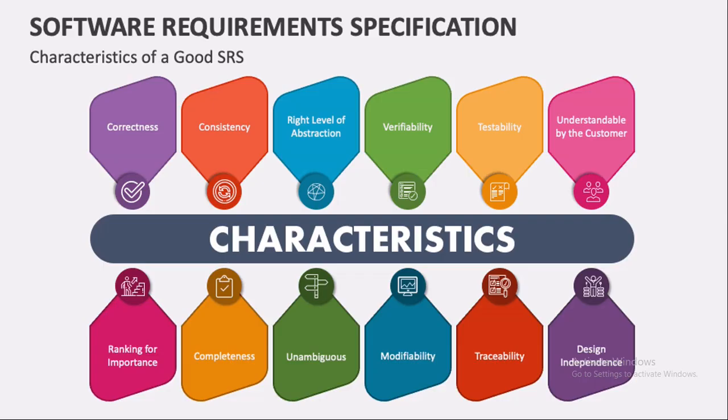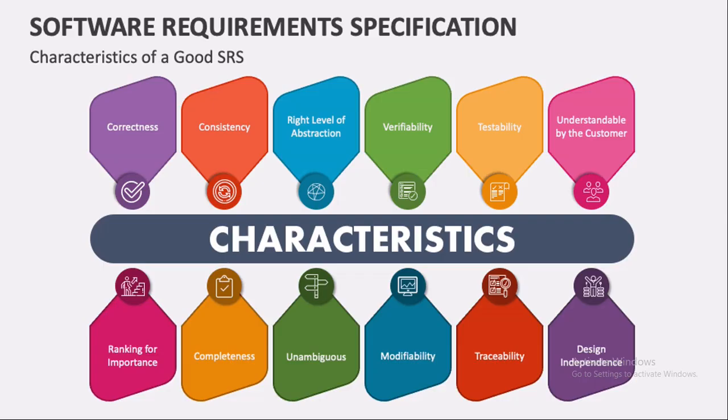These are the characteristics. Then we have clarity. When you're writing an SRS, it must be unambiguous. There must be only one interpretation and it must be understandable by the customer. Then we have technical quality.